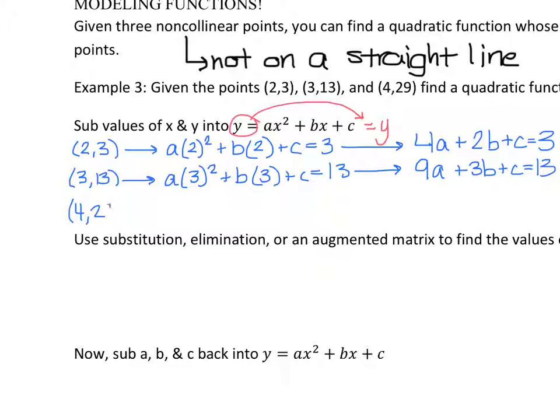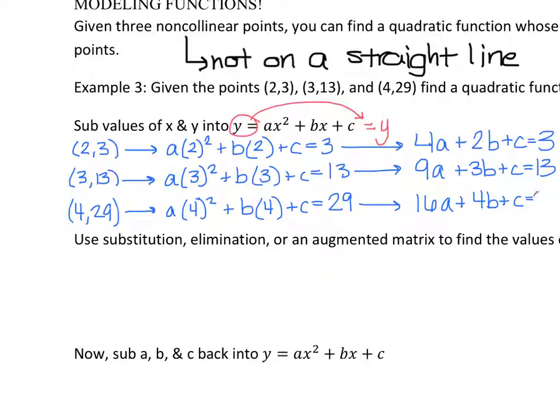Same thing. Plug 4 in for x, 29 in for y. So a times 4 squared plus b times 4 plus c equals 29. 16a plus 4b plus c equals 29.